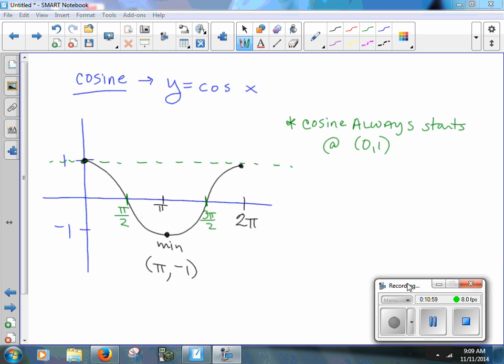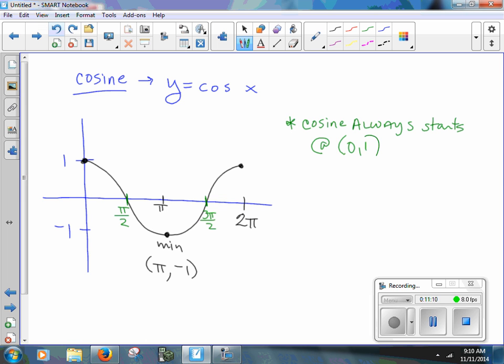Yes? Okay. Now, it always starts at 0, 1. Or let's put that it always starts and ends at y equals 1. And that's only if it's a positive cosine curve.